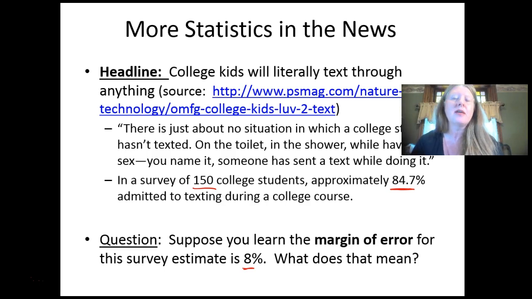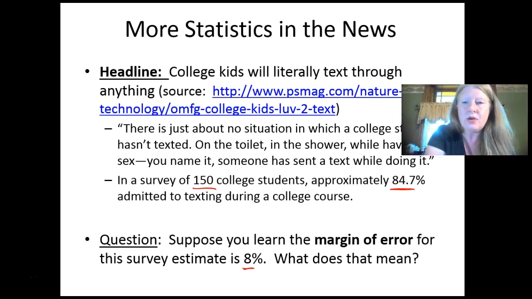We're 95% confident that we obtained a sample result that is within about 8%, plus or minus, from the truth about the population. So again, you might want to write this down: we are 95% confident that we obtained a sample result that is within 8% from the truth about what's going on in the population.